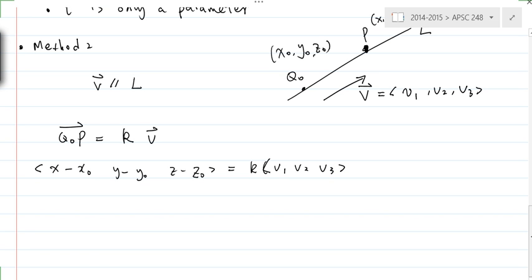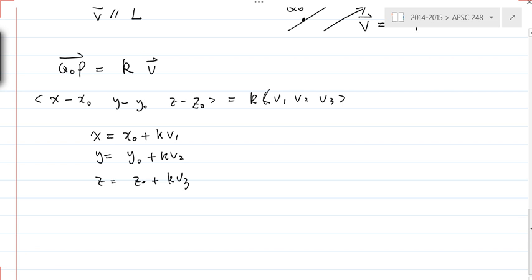Similarly, because the two vectors are the same, you let each component equal the other side's component. So that gives us x equals x naught plus kv1, y equals y naught plus kv2, and z equals z naught plus kv3.